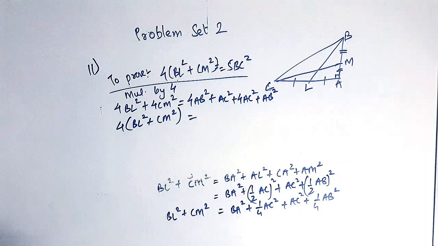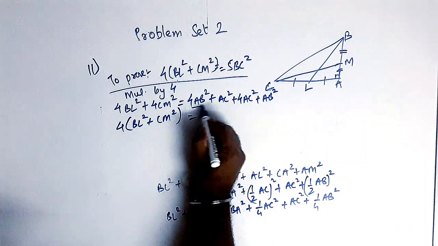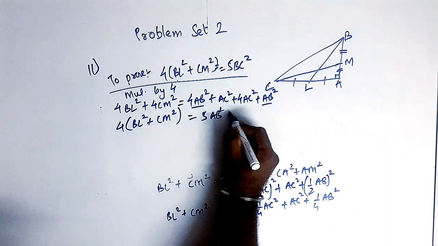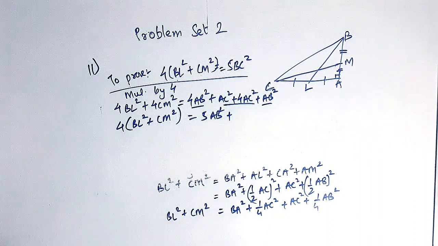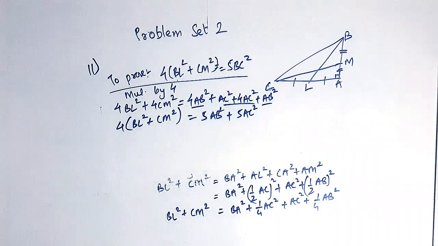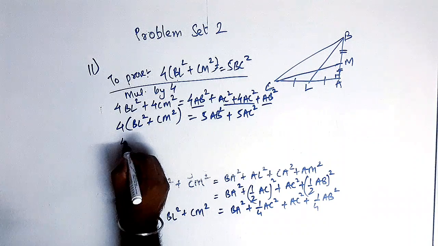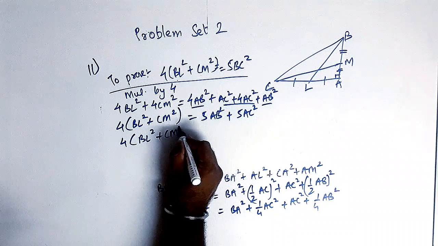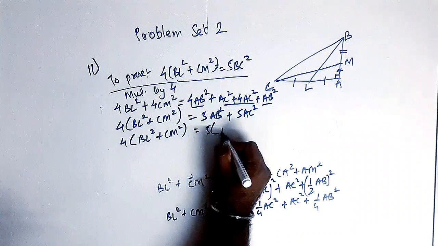Now let us come to RHS also. 4AB square plus AB square will become 5AB square, and 4AC square plus AC square will become 5AC square. Now I'll take 5 common here.